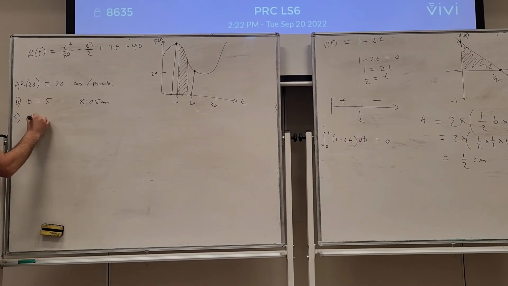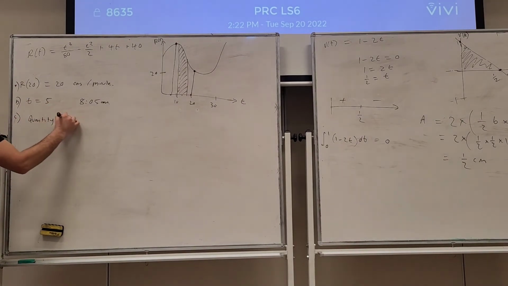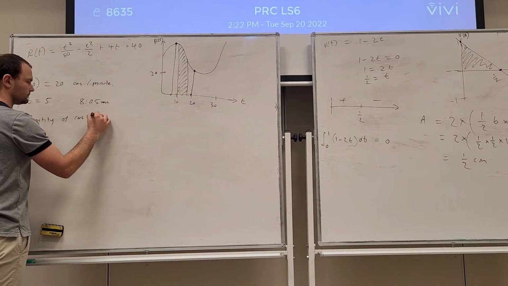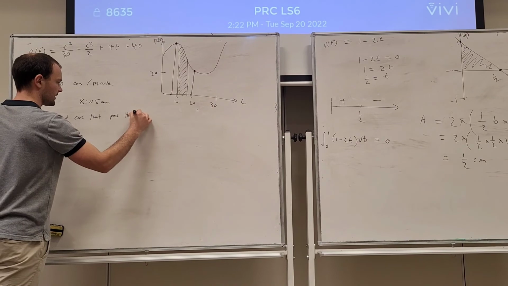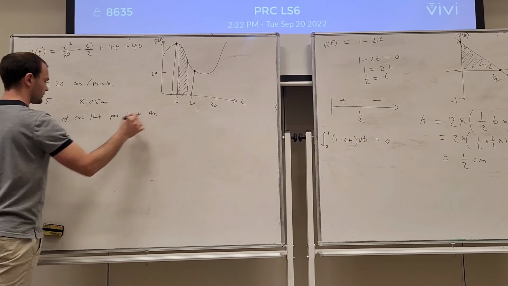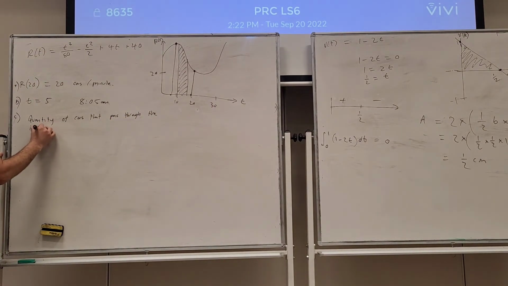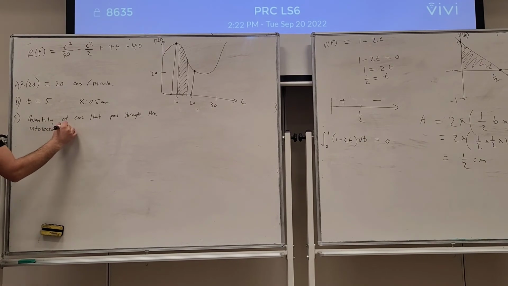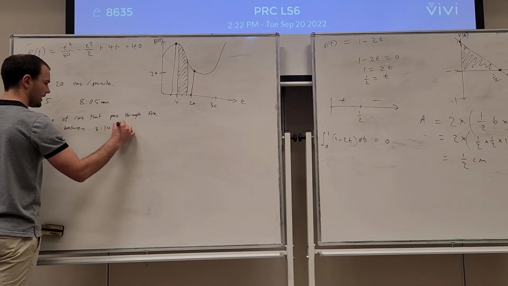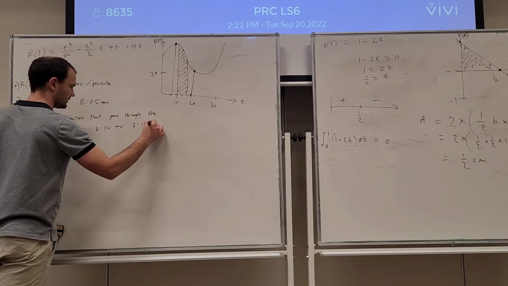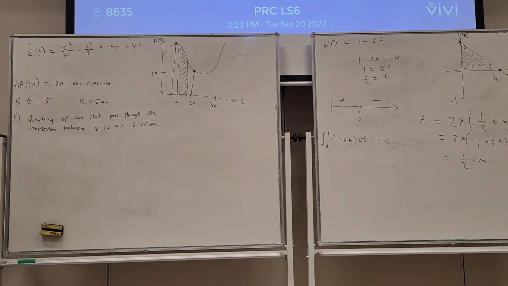So that's going to be the quantity of cars that pass through the intersection between 8:10 and 8:15 a.m.